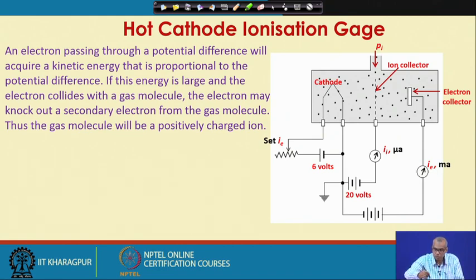Now, this is the schematic of an ionization gauge. This is the cathode, which is being heated up.